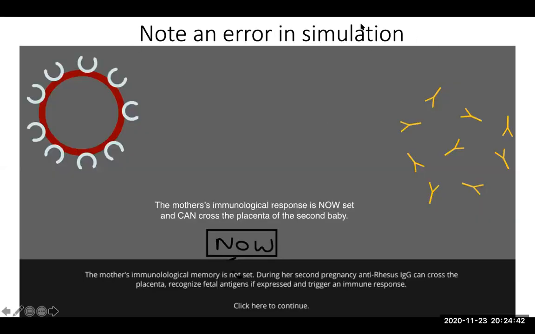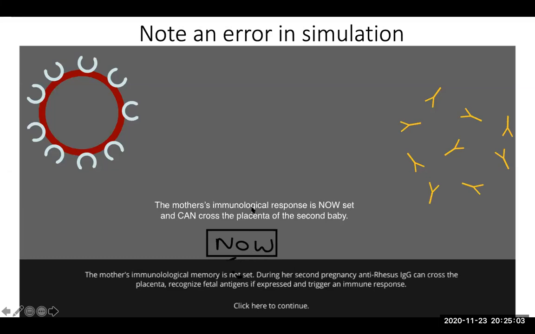When you go through your simulation, you're going to see that they had a typo. It says the mother's immunological memory is "not" set, it should say "now." That's the opposite of what you want. So please correct that, it's now. I went ahead and typed it again up here.